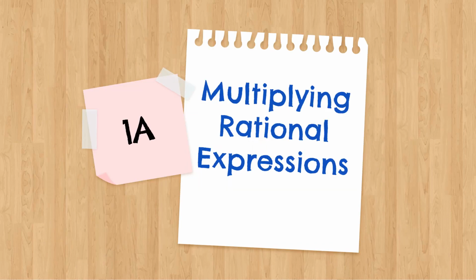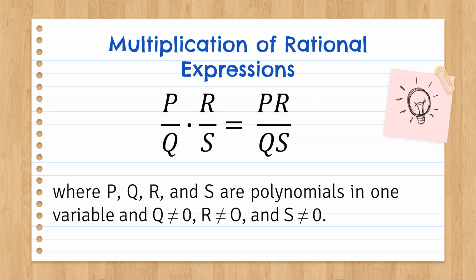So first, let us have multiplying rational algebraic expressions. In multiplying rational expressions, we have P over Q times R over S, which is equal to P times R over Q times S, meaning we are simply multiplying the numerator by the numerator and the denominator by the denominator.